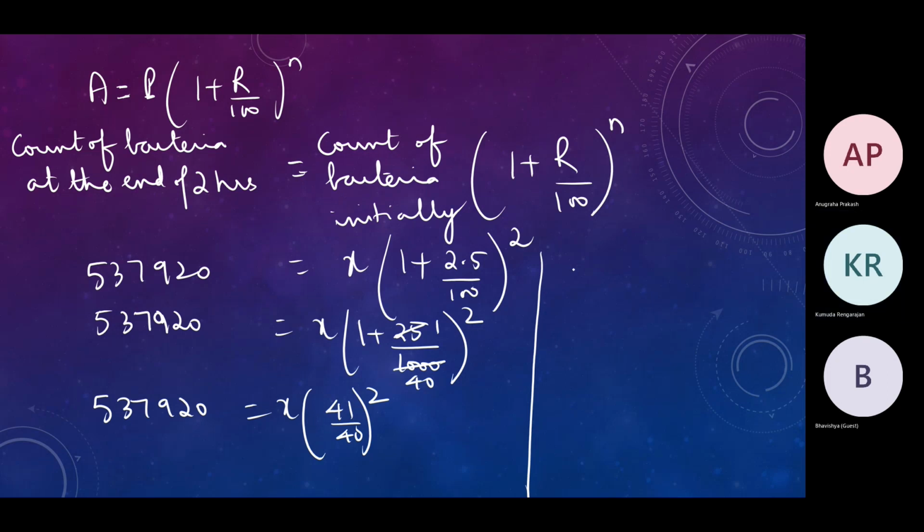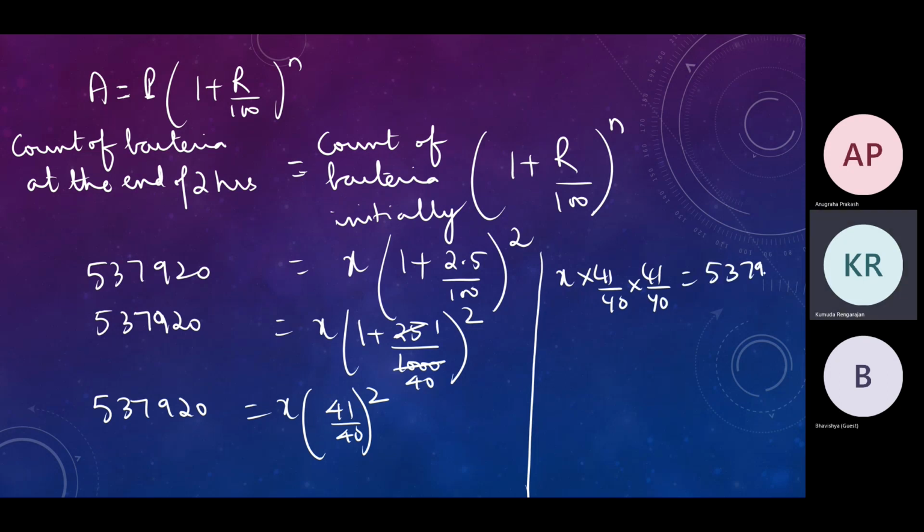So X into 41 by 40 into 41 by 40 is equal to 537920.